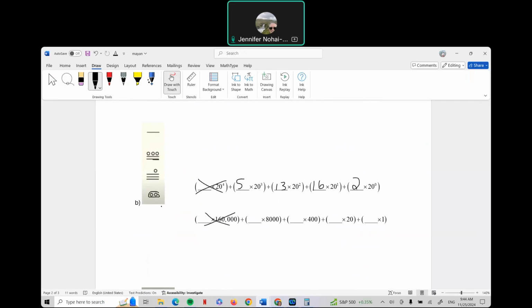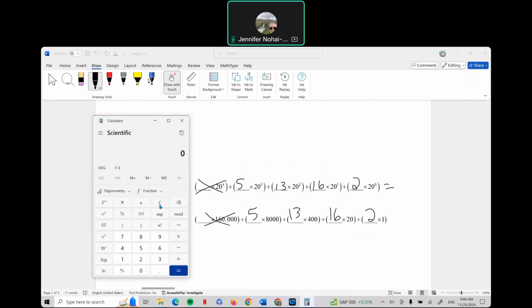And so filling these in, I'm going to use this top set this time on my calculator. Let's pull our calculator up. Remember to use your parentheses. 5 times 20, I'm going to use this XY to get my 20 to the third power.